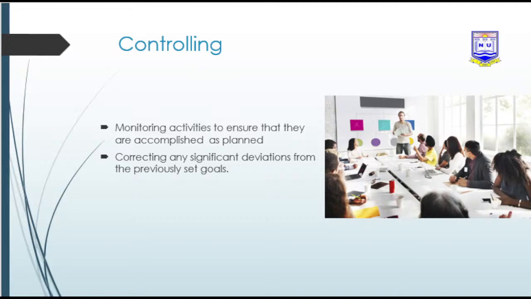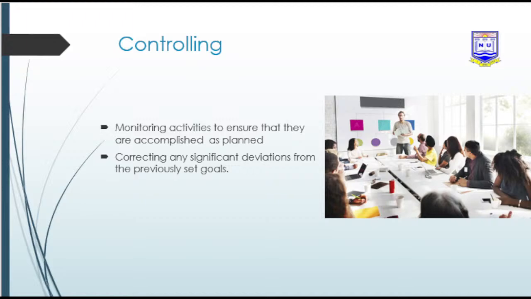Managers need to have control of an information system. They need to have the function of controlling all resources that are going to be taking part in an information system. They need to have a correcting factor.